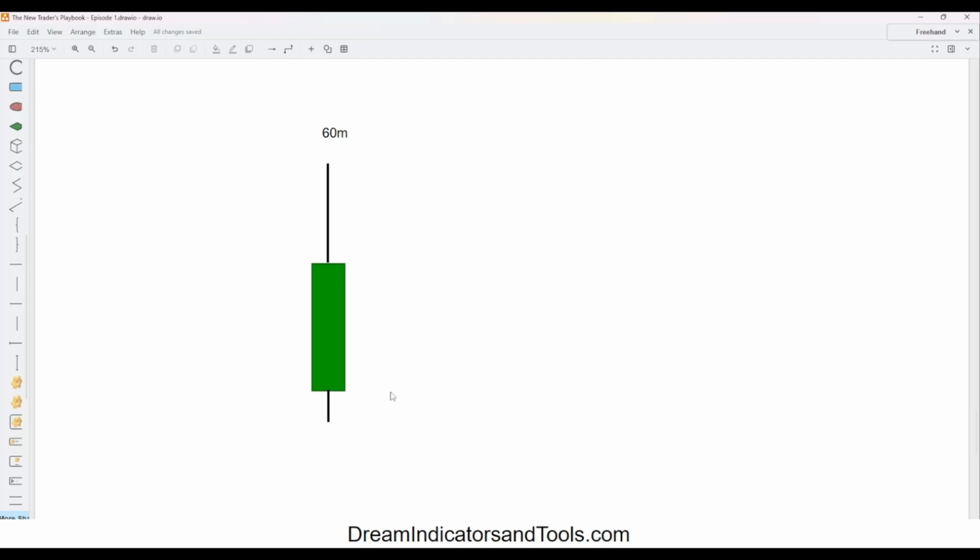I'm going to draw a couple of small tick lines and imagine that this is what's happening inside of the candle. Price is making its way up and down as it moves to whatever destination price wants to be. And after the 60 minutes is over, we are able to see that price will stop here, and that would be the end of the candle as opposed to the beginning.